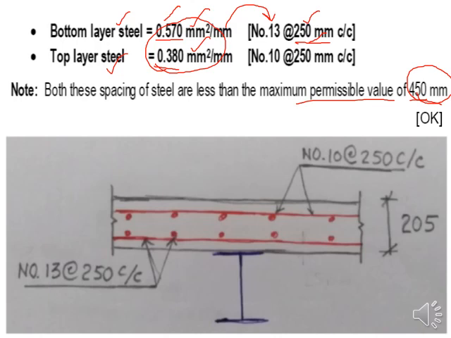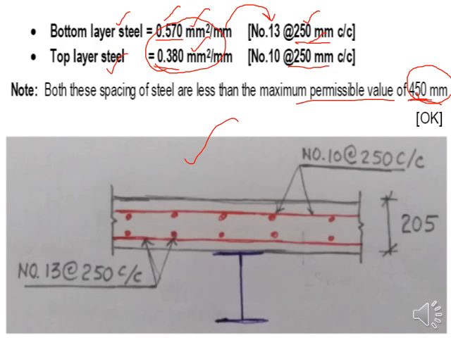The maximum value is 450, so the spacing provided needs to be at most 450 or less than that. Okay, so if this is the particular case, then you can show it in this diagram. You have to draw it also once you are doing it, or attempting this type of example problem in exams or anywhere in your design problem, your design project.